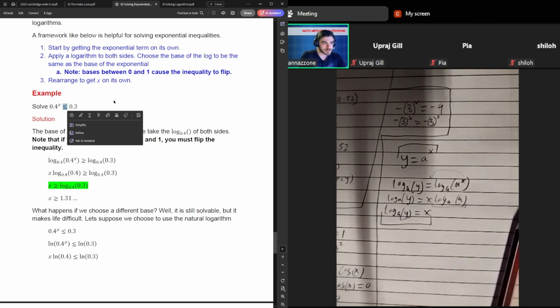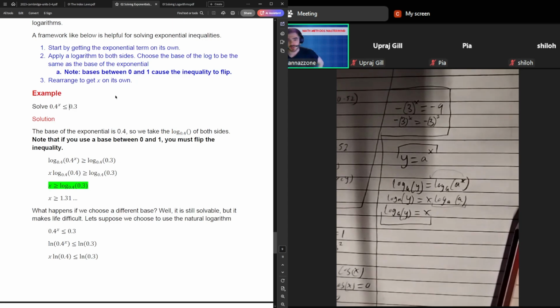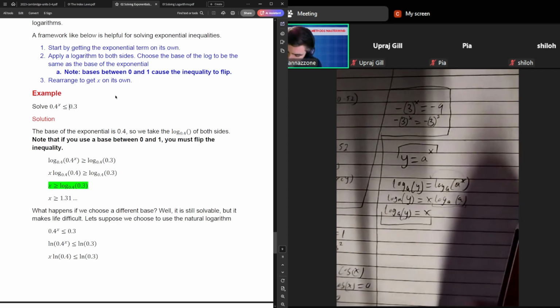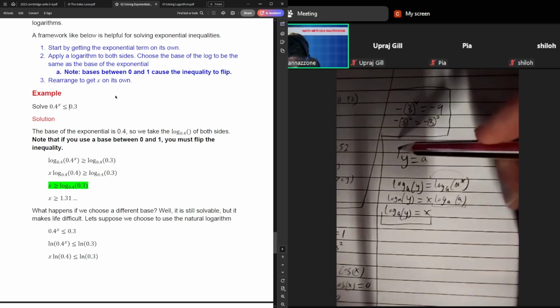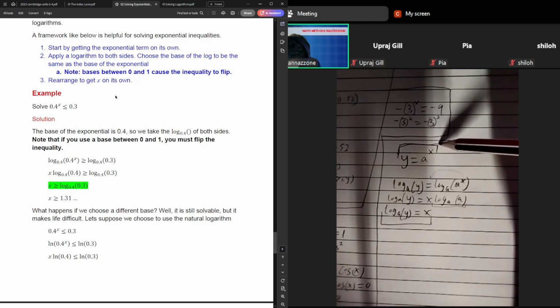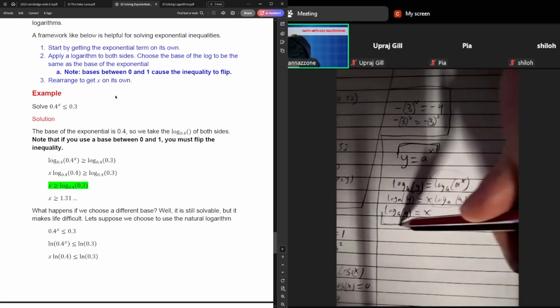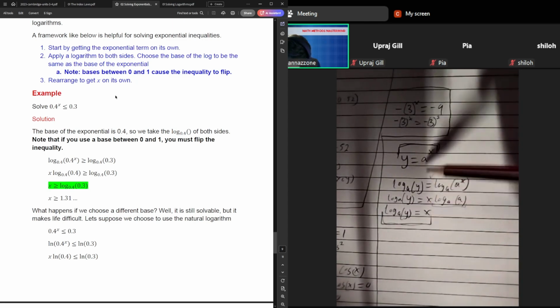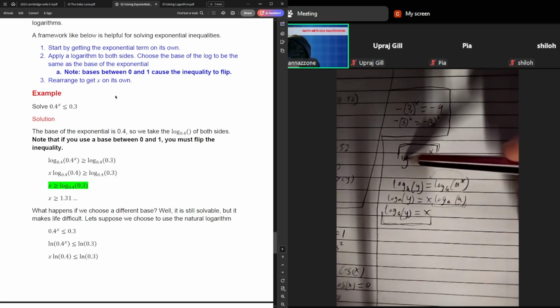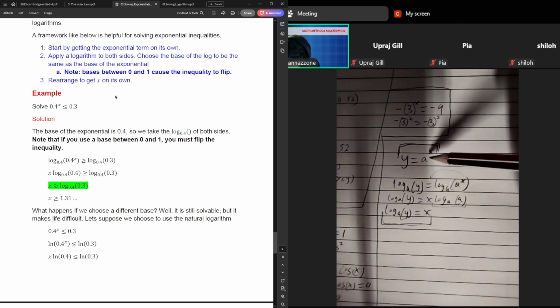Because of this inequality, when you have an inequality, it matters what side you put things on each side of the equation. If you look back to the handwritten notes, you'll notice that when I converted from exponential to logarithm, the terms haven't necessarily stayed on the side that you expect them to.